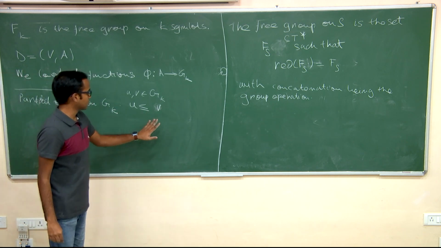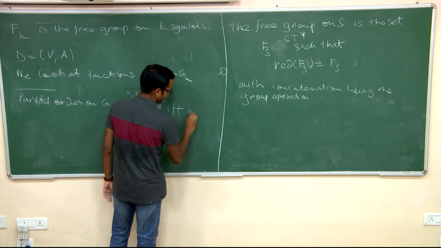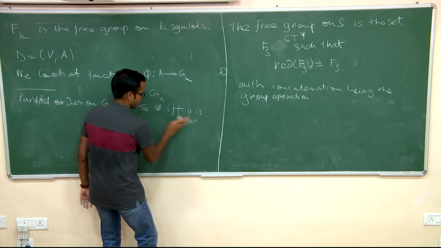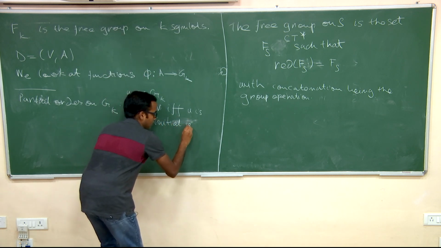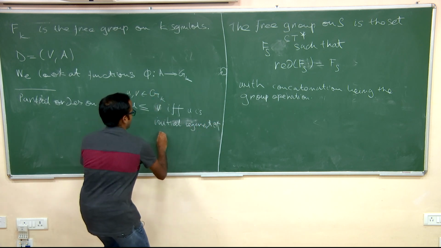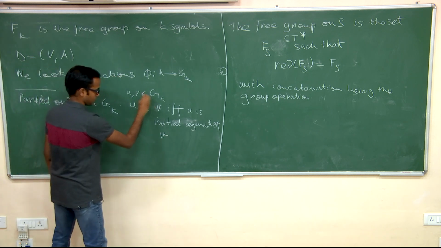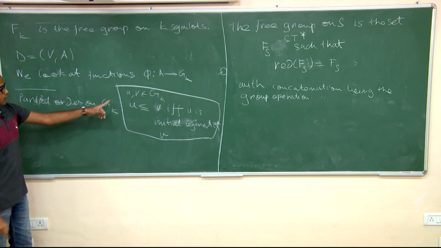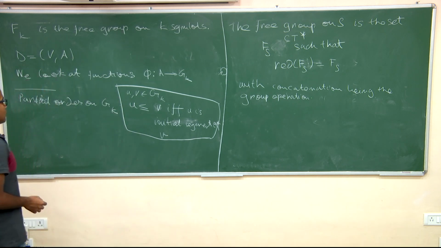U is less than or equal to V if and only if U is a prefix of V. Basically, this is important. We'll use this order relation to form a lattice and then extend that lattice.